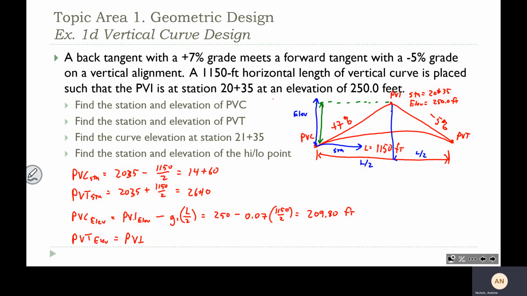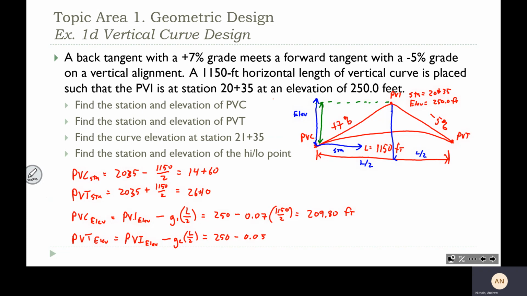And then now our PVT elevation relative to the PVI. We're still using PVI as our base. Is this PVT elevation going to be below or above the PVI? I think below. Yeah, it's still going to be below. So we're going to subtract G2 times L over 2. So we'll have 250 minus 0. And I'm subtracting the absolute value, because if I subtract a negative, that's going to end up being a positive term, and then it's no longer going to be below it.